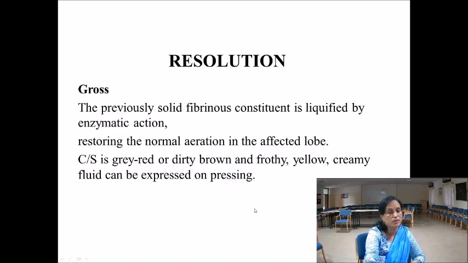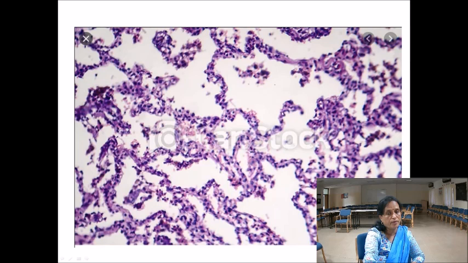So resolution. The previously solid fibrinous constituent which was there, all that needs to be cleared, so that gets liquefied and macrophages start clearing it. So normal aeration would be restored. See, this is undergoing resolution. You can see only few inflammatory cells, very little exudate.